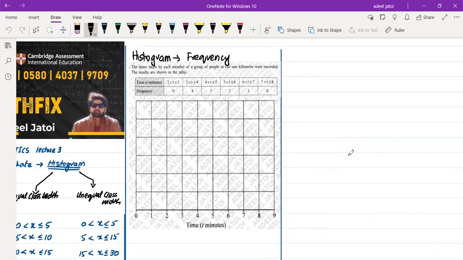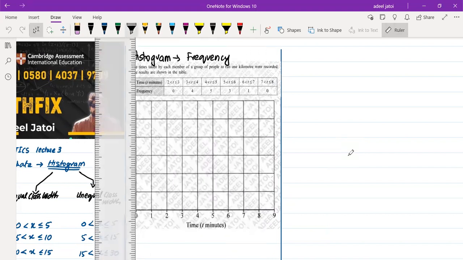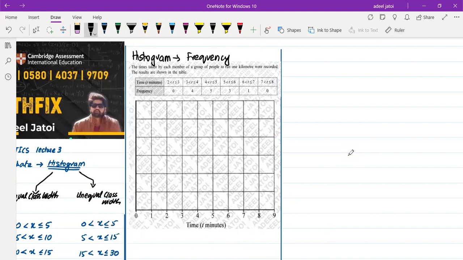Let's draw a line on this 0, because 0 is there. And you can see 1, 2, 3, 4, 5, 6, 7, 8, 9, the time data is already given here. So we just need to place the frequency data.